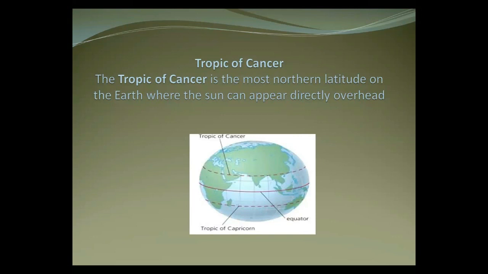Move or cause to move into a sloping position towards the sun to its maximum extent. Its southern hemisphere counterpart, making the most southerly position at which the sun can be directly overhead, is the Tropic of Capricorn.